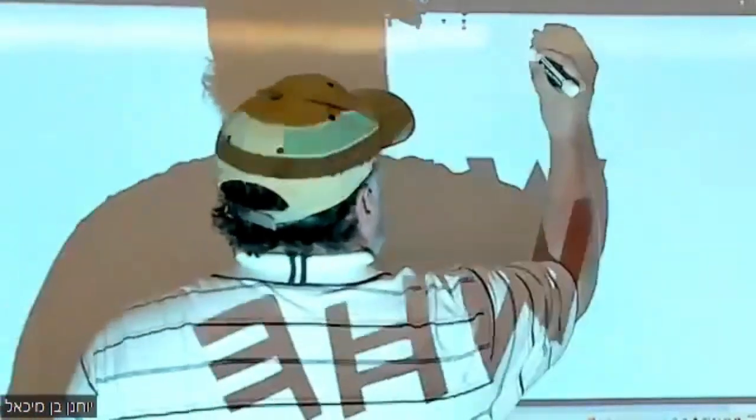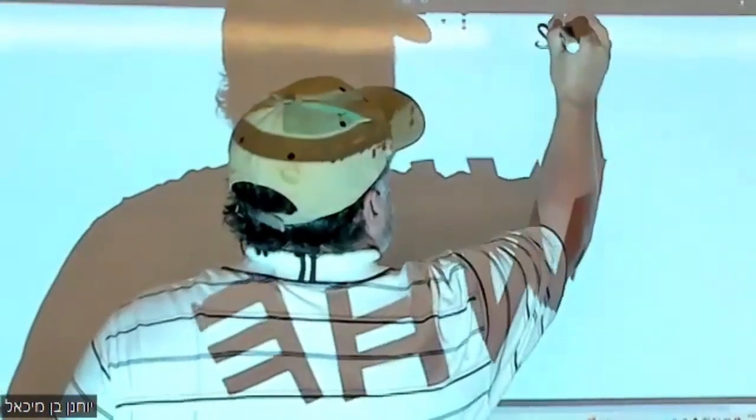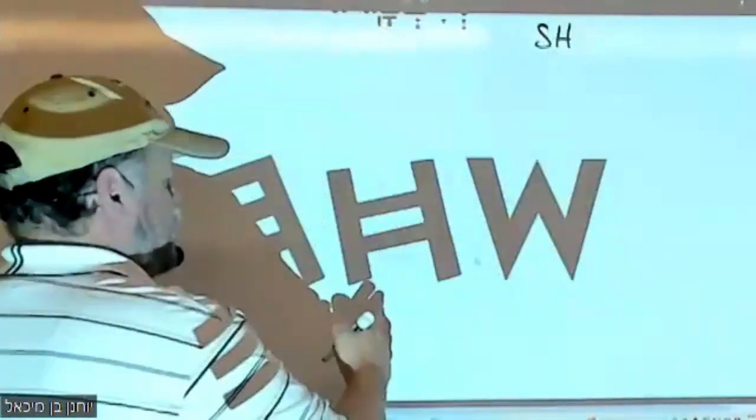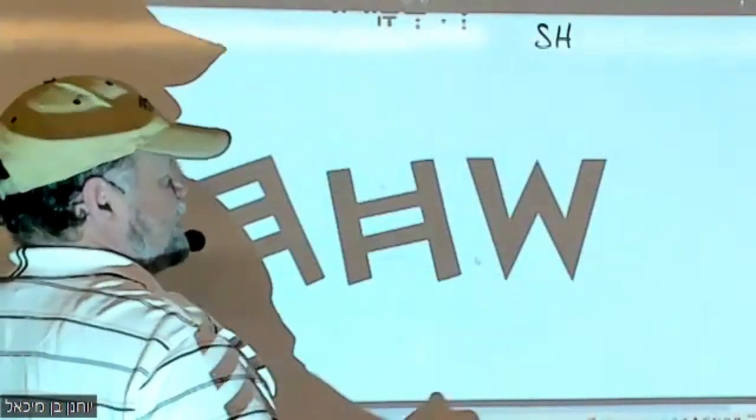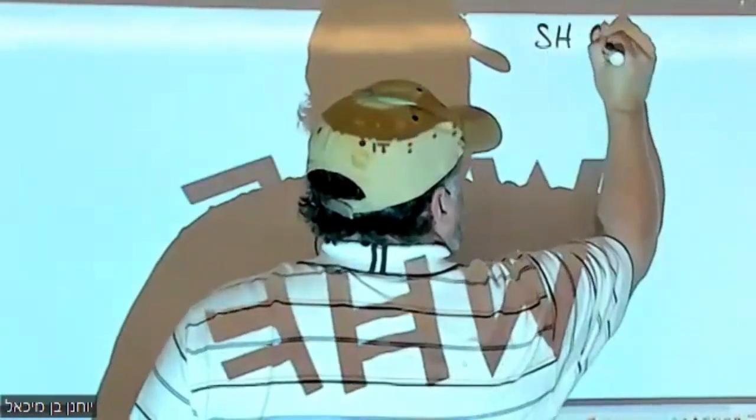All right, so let's take a look at this paleo word that we've got here. It's a pretty good one. What's our first letter? That's the letter Sheen, right? What about this second one? That's a Chet. And what's this last one?